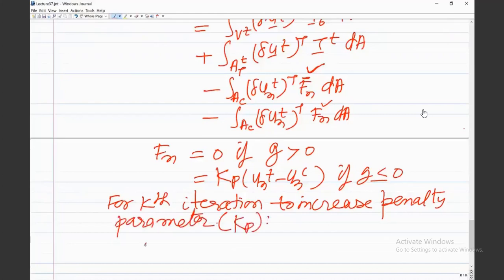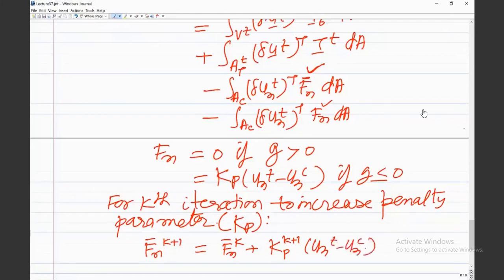So for this, the Lagrange multiplier Fn bar for the k plus one iteration is written in terms of the Lagrange multiplier in the previous iteration plus the penalty parameter, you can use the current value Kp at k plus 1, into unt minus unc.